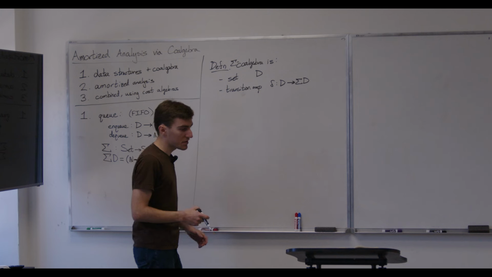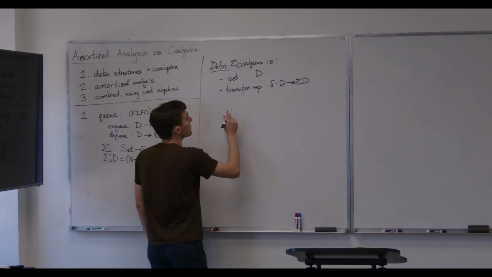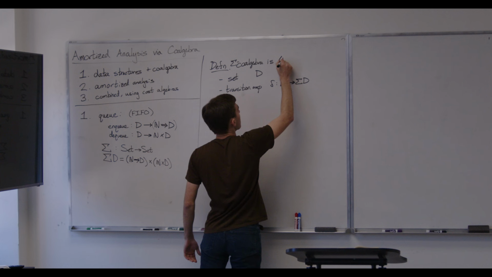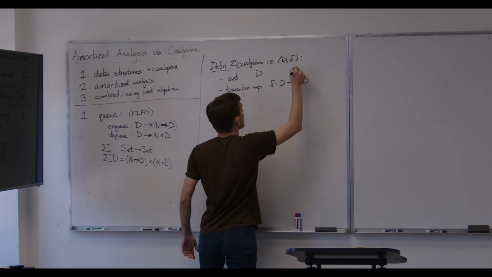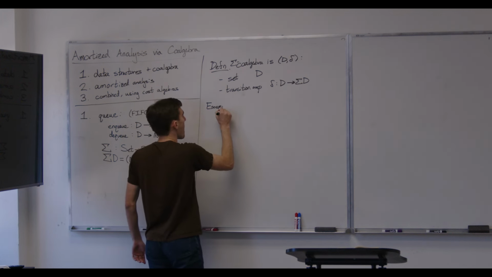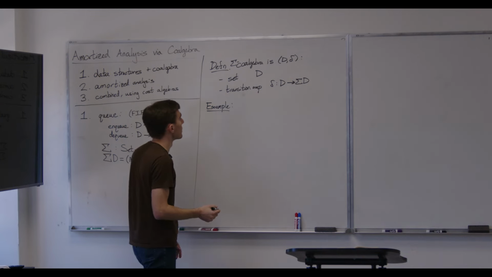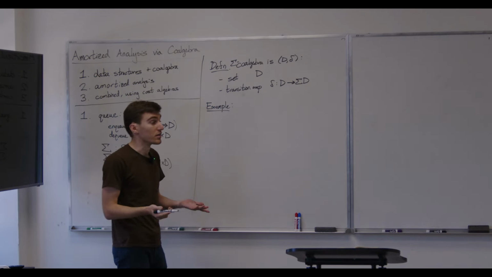So let's give an example of one of these. First I'll say it's a tuple D, delta. So one example: how do you want to implement a queue? Maybe it's just by a list.